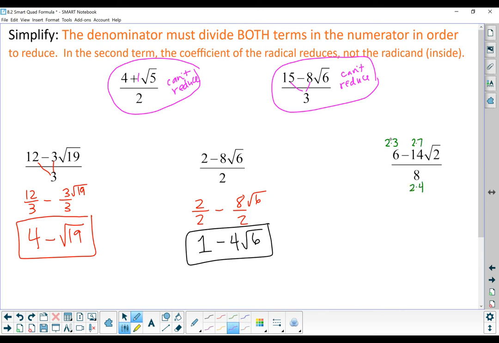So we can reduce that factor of 2, which leaves us with 3 minus 7 root 2 over 4. And as we're working with these, we'll have different quadratic formula problems where we'll be able to practice reducing these types. They are really challenging though.